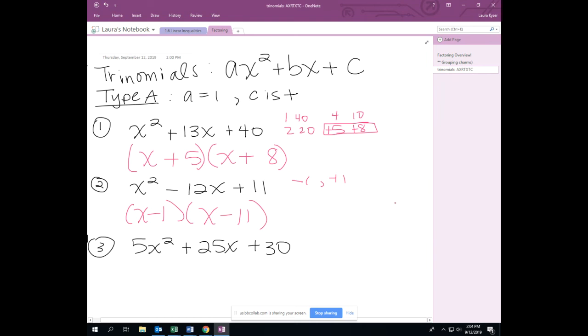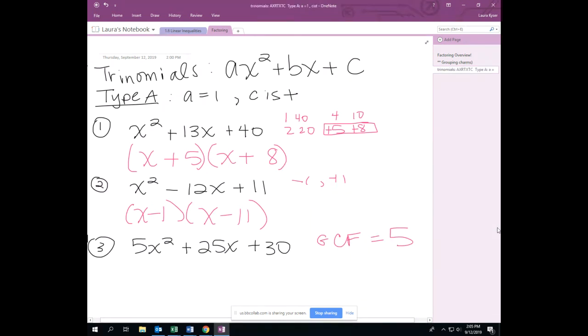Now, number 3 doesn't look right because number 3 has a leading coefficient that is not 1. So we have to be able to do something else here in order to turn it into a type A. And what we should notice is that there's a GCF here, and it happens to be 5.